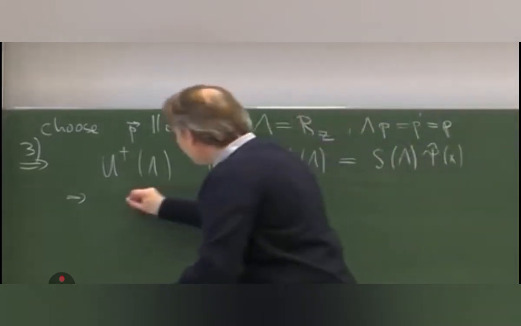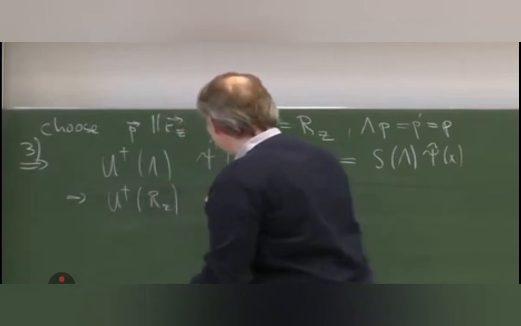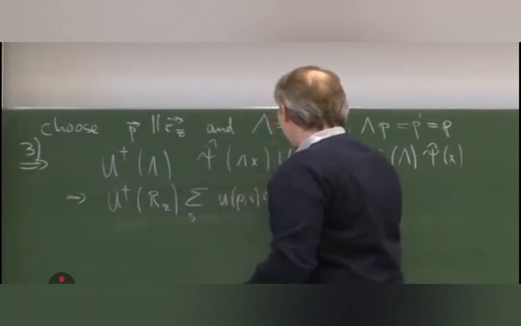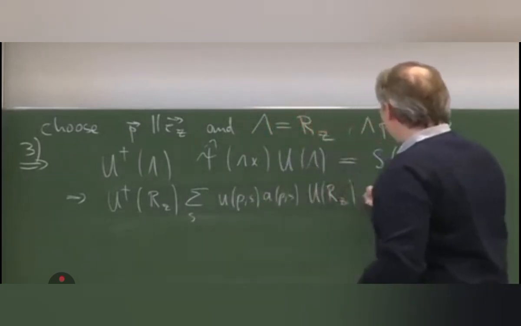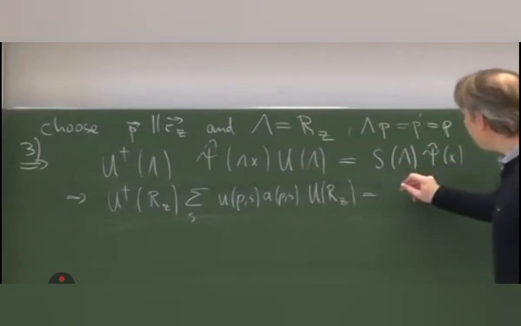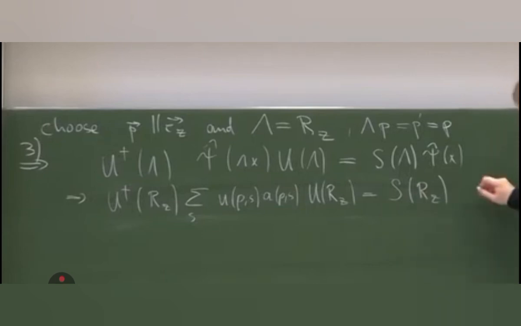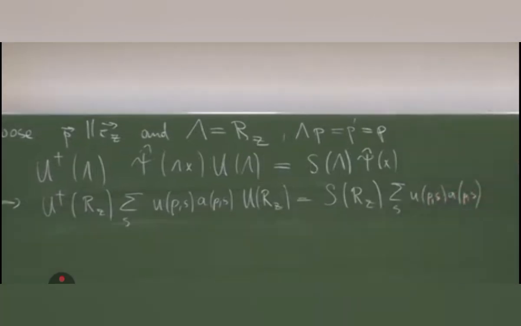And that means that we get Q dagger of RZ times sum over S, U of P comma S, A of P comma S, U of RZ equal, and now we have here S of this rotation around the z-axis times the same sum, U P comma S, A of P comma S. So that just means that the equation must be valid for each Fourier mode individually, and that is one Fourier mode.